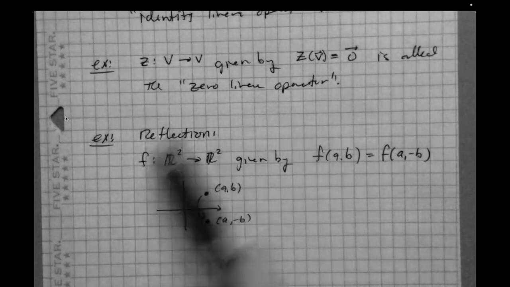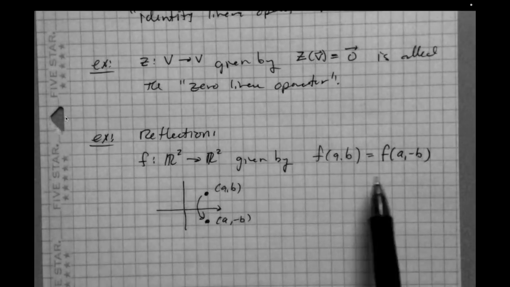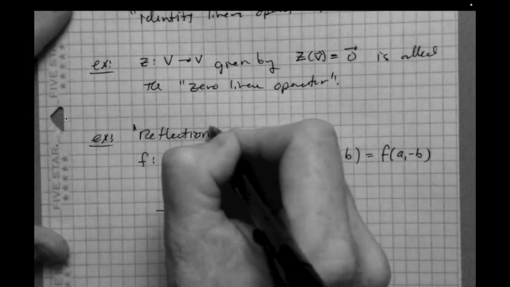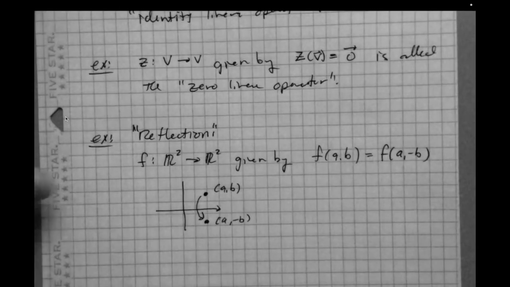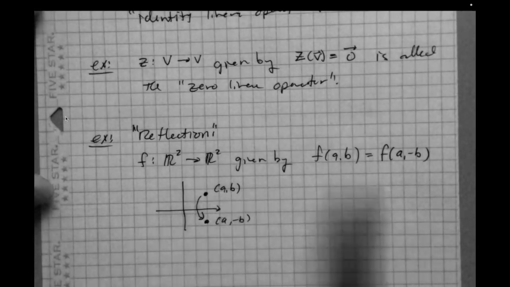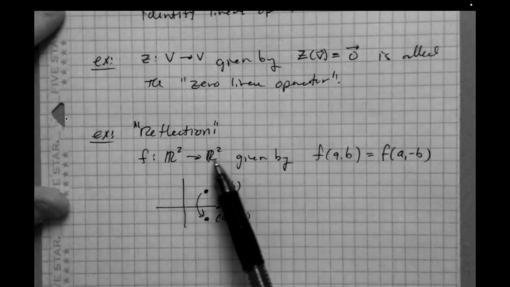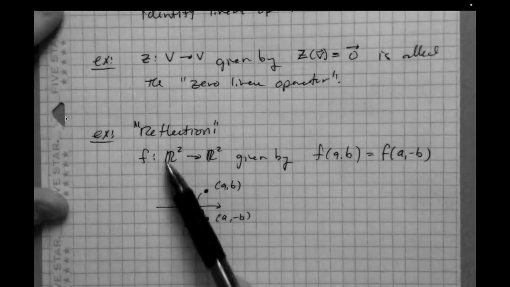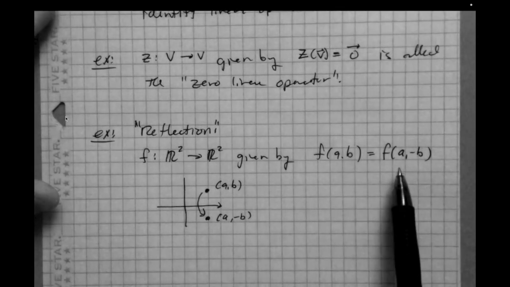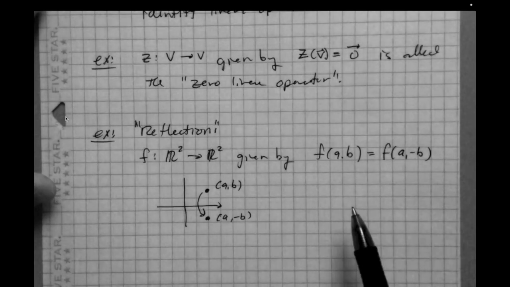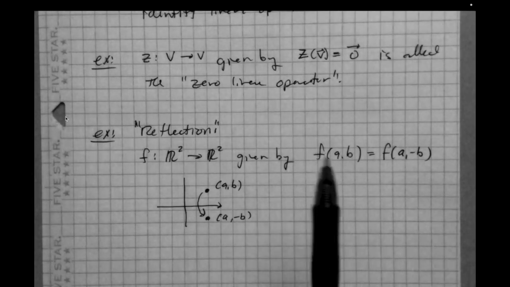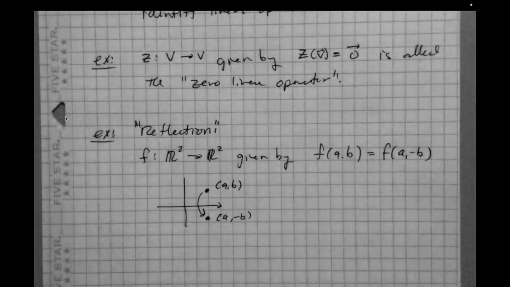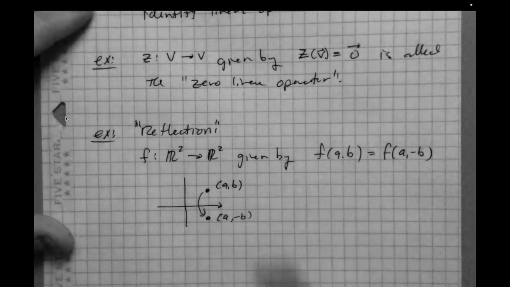You can reflect across any axis. You could expand this to R3 and flip across the XY plane or the XZ plane, or do this in Rn and flip across whatever axes you would like. So that's called a reflection.